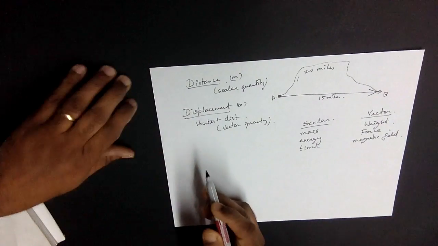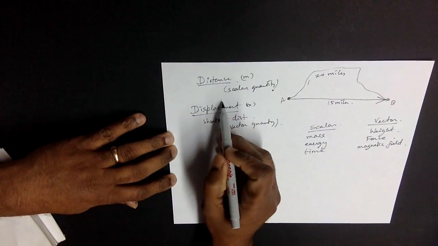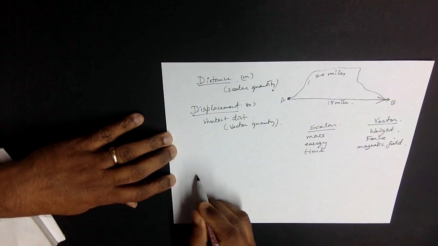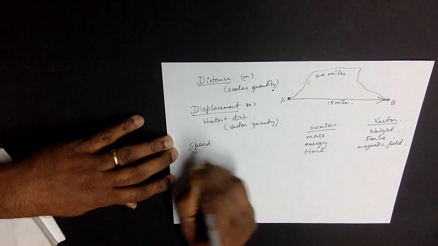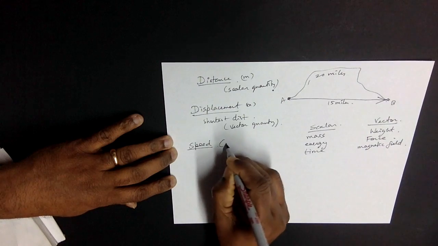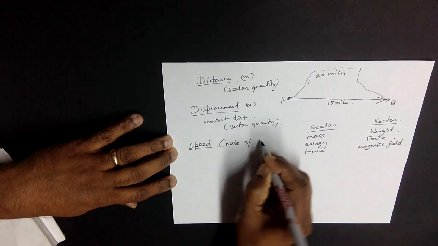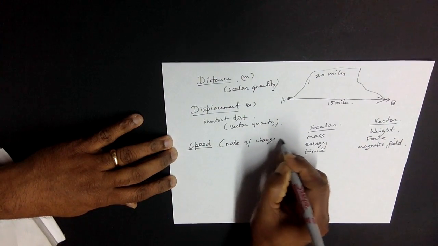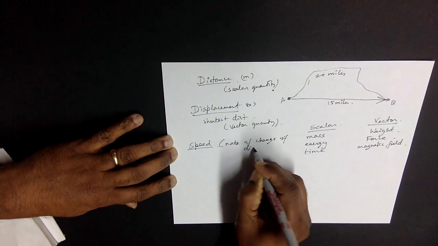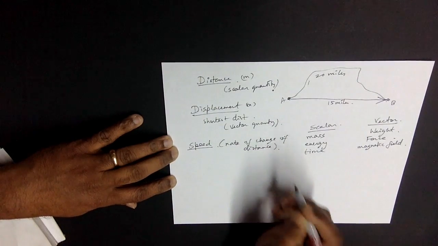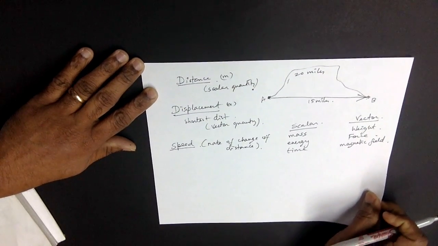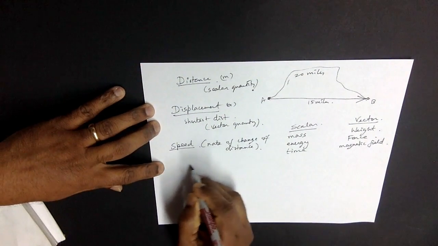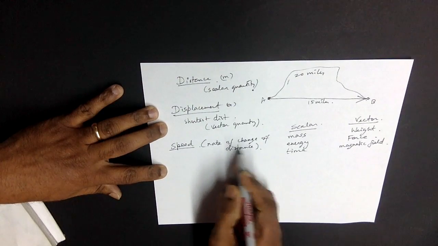Now coming to distance, we have speed. Speed is the rate of change of distance, and basically what it means, rate means divided by time.